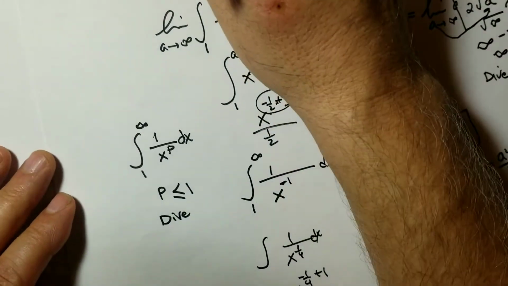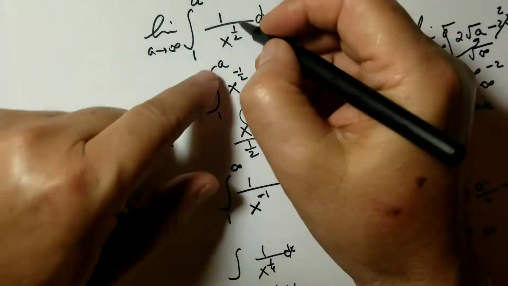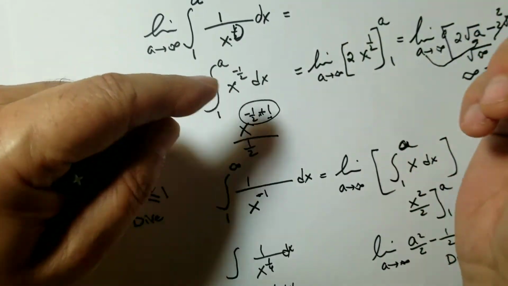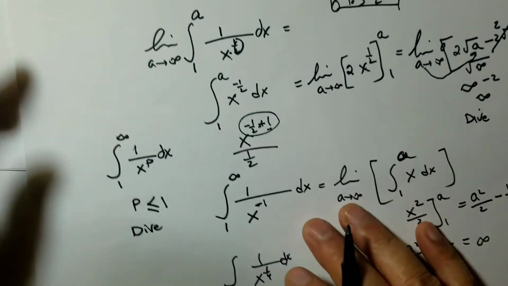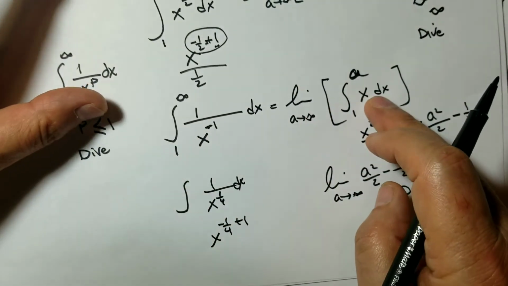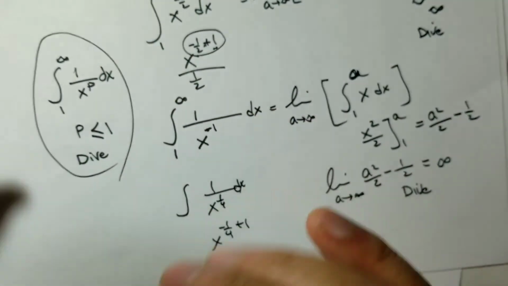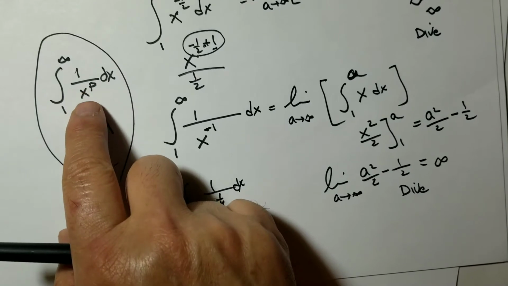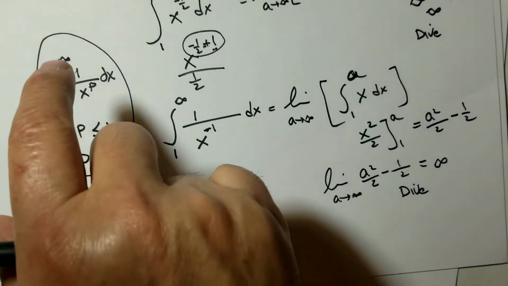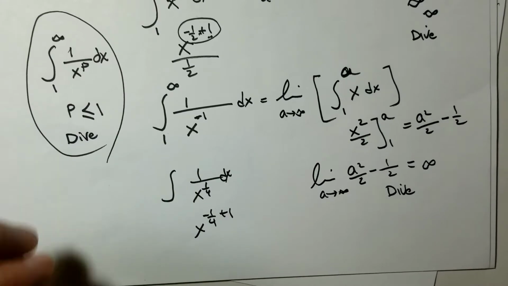Because you solve for 1, you solve for 1/2, you solve for 1/4, power of 0 means 1, integral of 1 is x, and when x goes to infinity it is infinity, and I did it for negative 1, when negative 1 comes upstairs, becomes plus 1, and it becomes x squared over 2. Therefore, from today, you have to know, if you go from 1 to infinity, 1 over x to the power of p, and that p is less than or equal to 1, that improper integral diverges. It means the area under the curve gets larger and larger and larger.